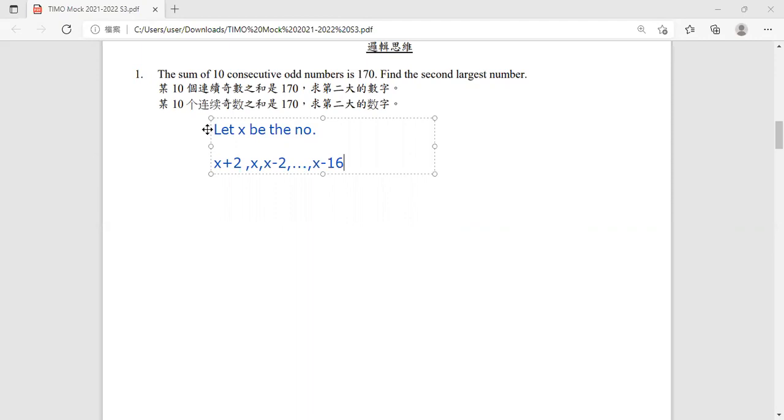Is it x minus 14? Maybe it's 14, okay? 16 or 14? It should be 16. Now you sum them up, and you will have 10x minus what?